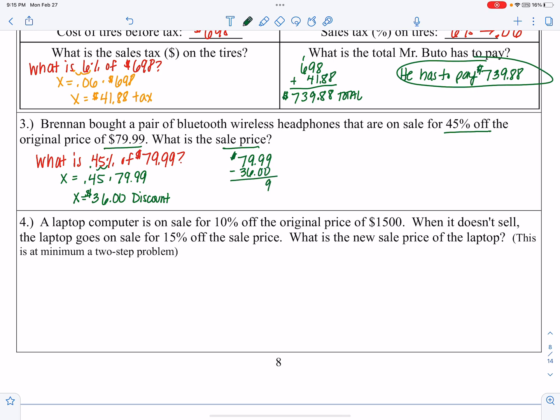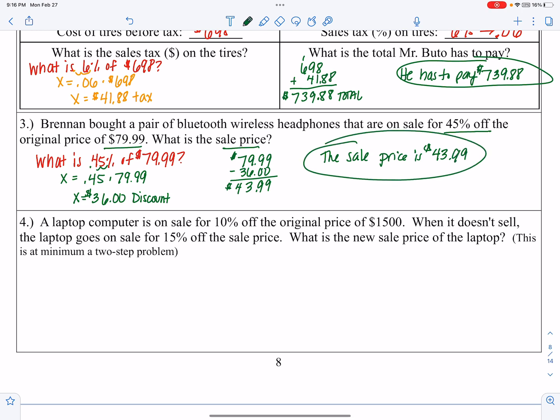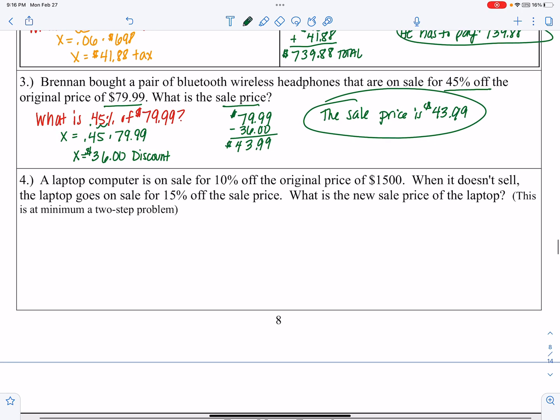And so we have 9, 9, 3, and 4. So with that $36 discount or 45% off, we end up at $43.99. So what is the sale price? The sale price is $43.99. There's my answer. All right, last one.